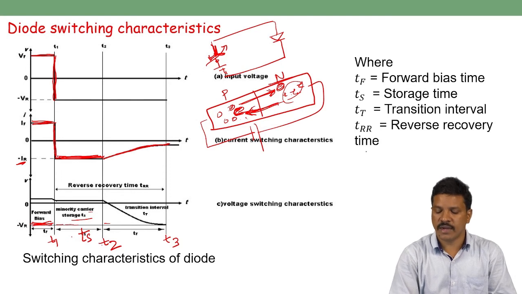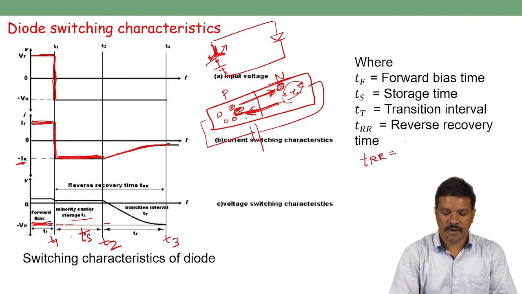The reverse recovery time is the sum of the storage time plus the transient time.